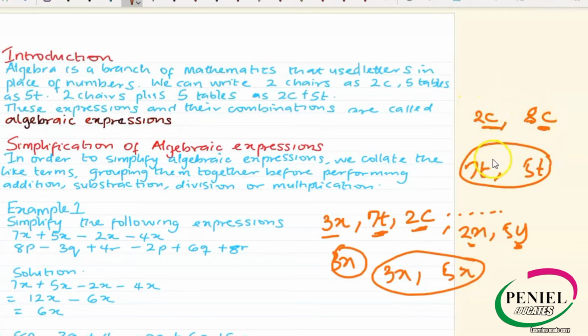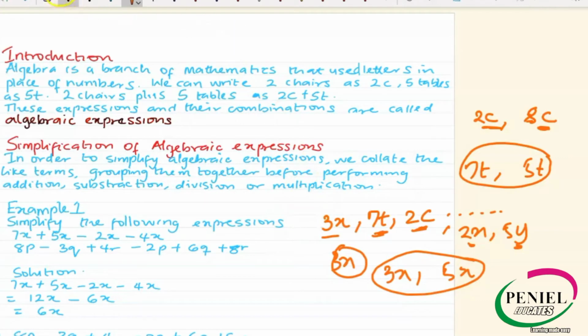So you can group all these terms together. So what we do in simplification of algebraic expressions is that we collate the like terms. We collate like terms by grouping them together before we perform some arithmetic on them. So you can perform arithmetic like subtraction, addition, division, or multiplication on them.